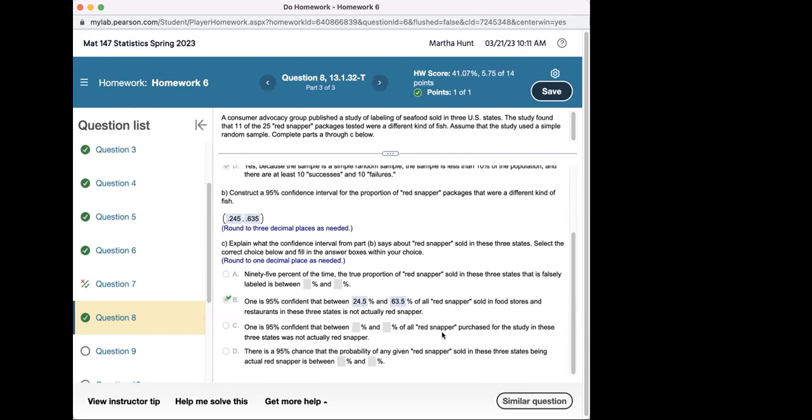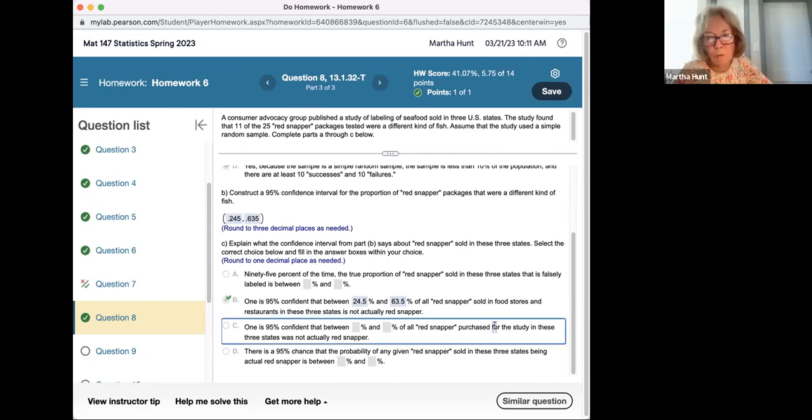Like Greg was saying, it says in the study. So you said not to use it if it says in the study. The other one just says sold in food stores. Purchased for the study. Perfect. It is a subtle difference, but it is wicked important.